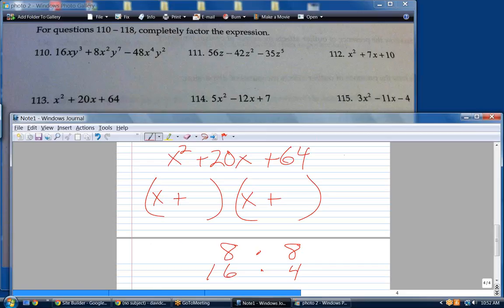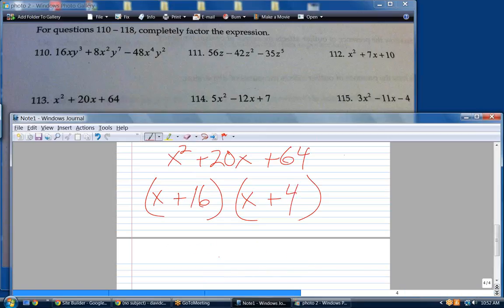Because I've doubled this, I've halved this one. So if you weren't aware that 16 times 4 was equal to 64, you could find it out by playing around with what you know to be true, which is 8 times 8 is 64. So 16 and 4 are our answers.